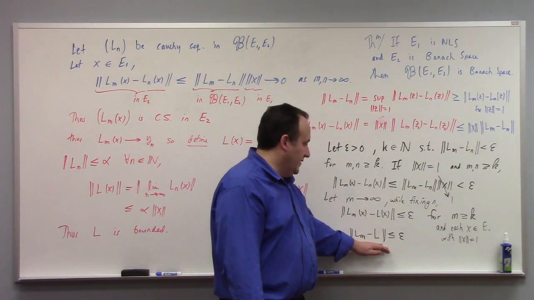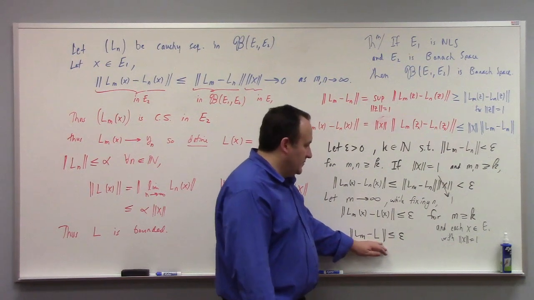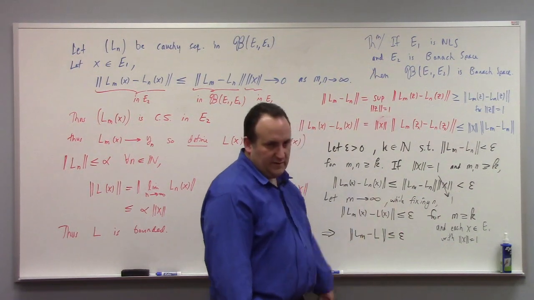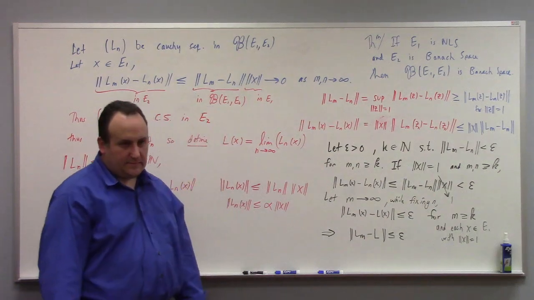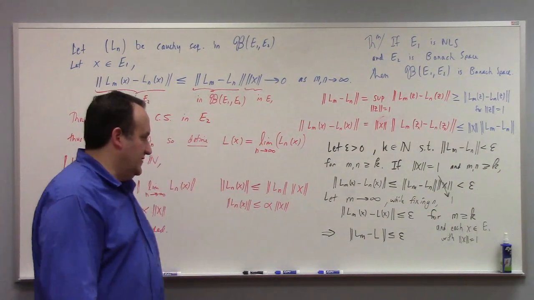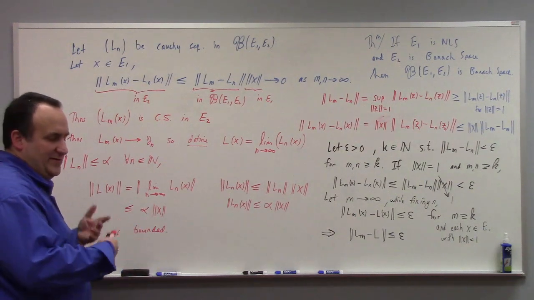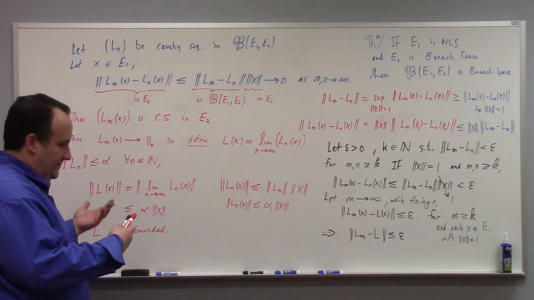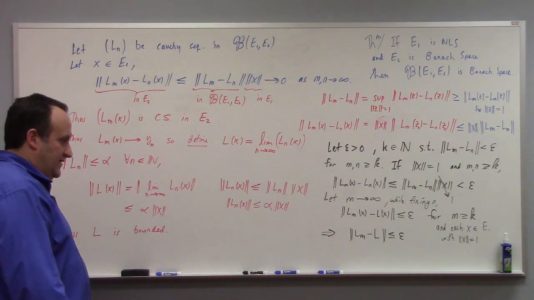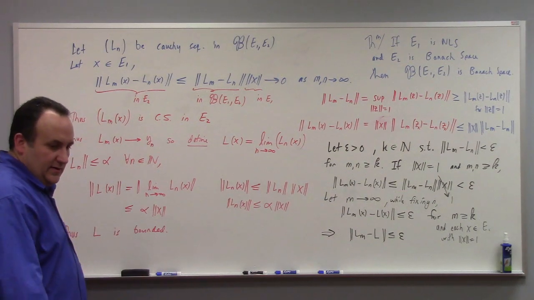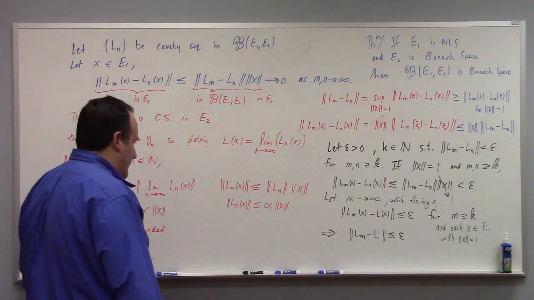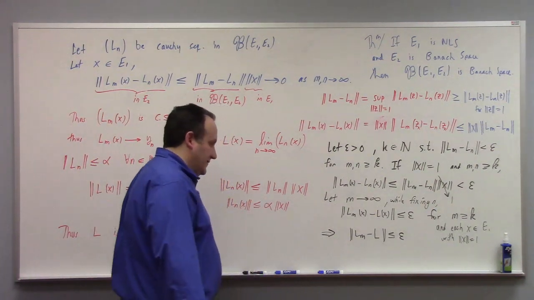But we know that a bound of the values of the operator on the unit ball is epsilon, so that makes the supremum less than or equal to epsilon. But since epsilon is arbitrary and this holds for all m larger than k, that proves that the limit of the sequence Ln is L. We can make it as close to L as we want by taking m sufficiently large, is what this means.